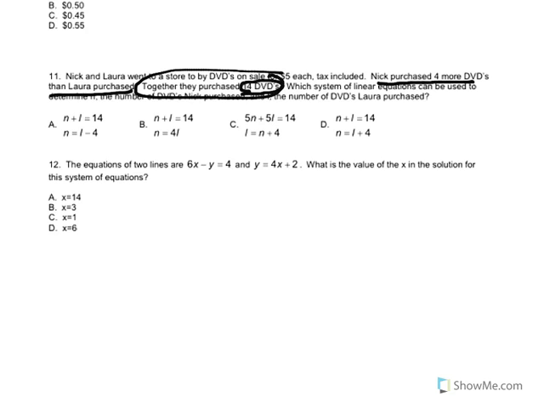Together they purchased 14 DVDs. And in this question, they're using N for the number that Nick bought, and L for the number of DVDs that Laura bought. So together they purchased 14. That would be N plus L equals 14.